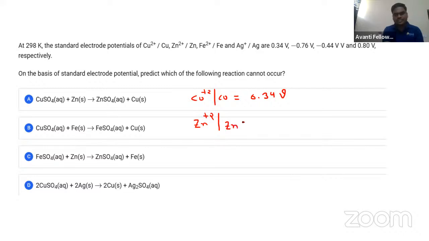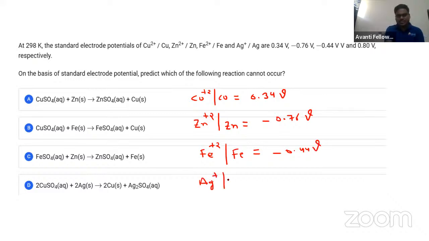Zn2+ to Zn value is minus 0.76 volt. Again, Fe2+ to Fe value is minus 0.44 volt. And the next is Ag+ to Ag, value 0.80 volt.